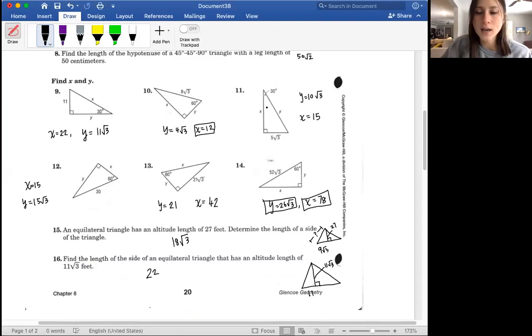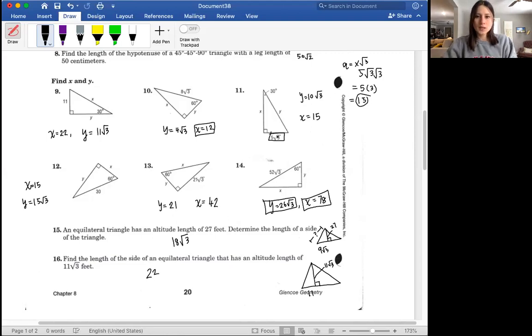The long side, or the altitude, is this times square root of 3, right? So think through. 5 times square root of 3 times square root of 3. Well, square root of 3 times square root of 3 is just 3. So then it would be 5 times 3, which ends up being 15, right? Because altitude equals x times square root of 3, or the short side times square root of 3.